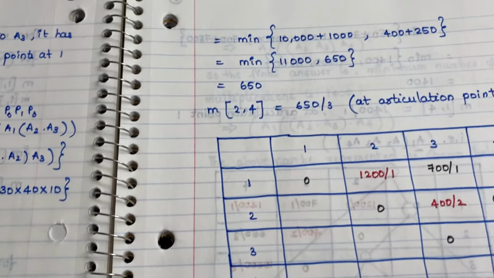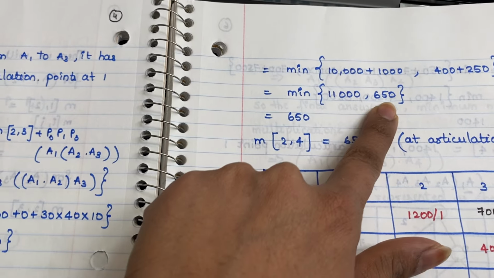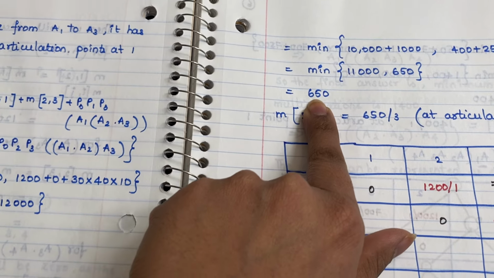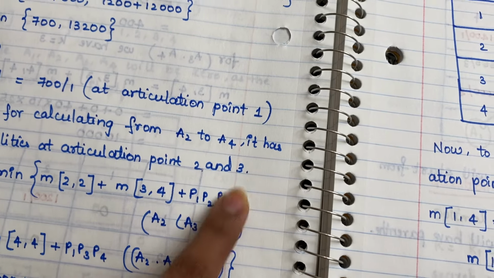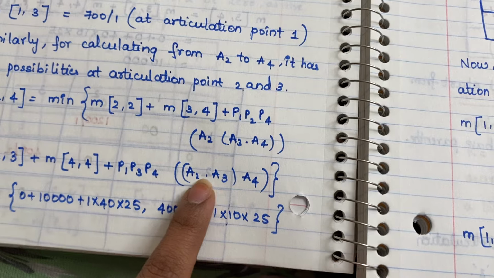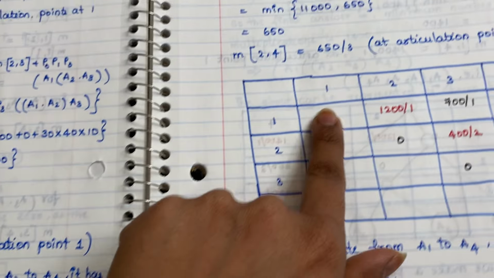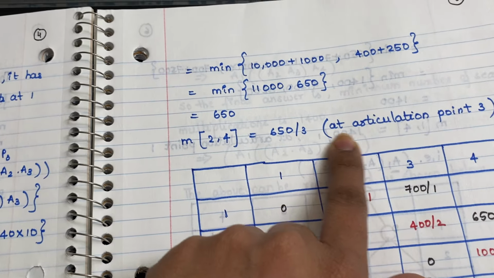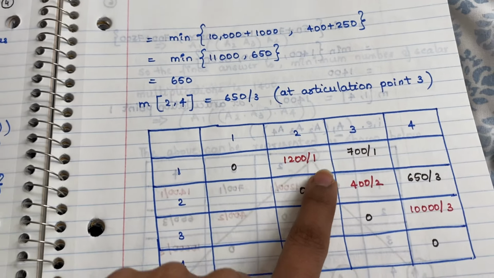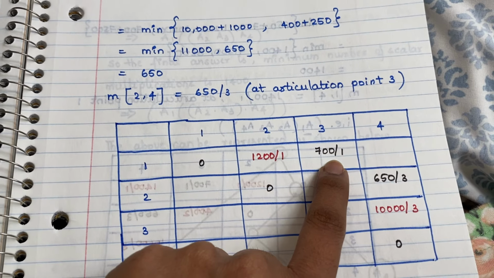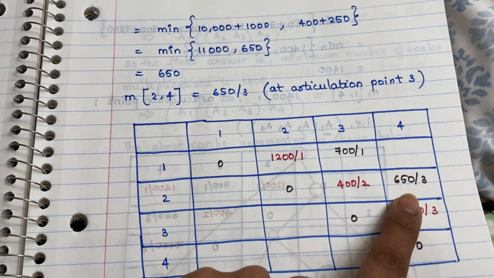Again we'll take the minimum value. Here the minimum is 650, which we got at k equal to 3, that means A2 A3 then A4. So it is 650 at articulation point 3. Now we have filled the diagonal with 700 by 1 and 650 by 3.